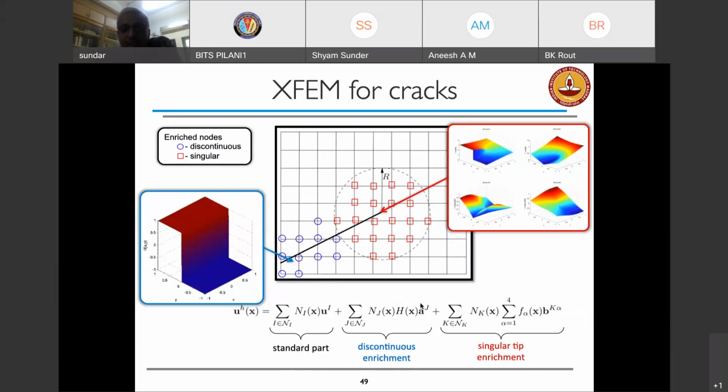One is the discontinuous part, which is for regions behind the crack, and a set of functions which is for ahead of the crack to capture the singularity, right? Once I use this and put it into my Galerkin weak form, I end up with a system modification to solve. I will be able to capture the singularity even on a very coarse mesh, which is not otherwise possible with the finite element method.